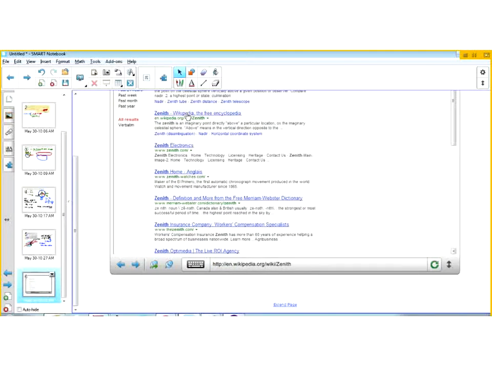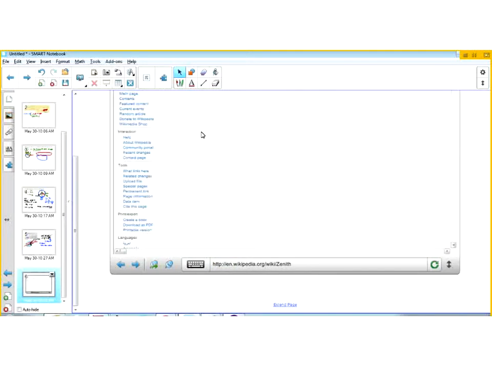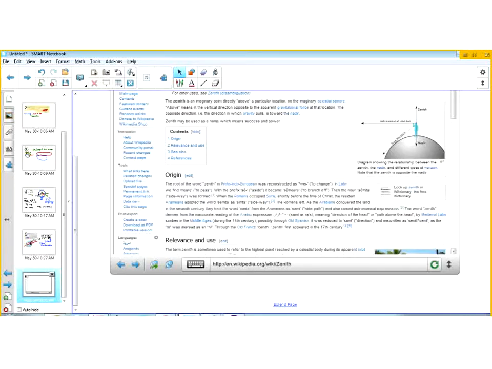An encyclopedia oftentimes gives accurate information. So, here we go.